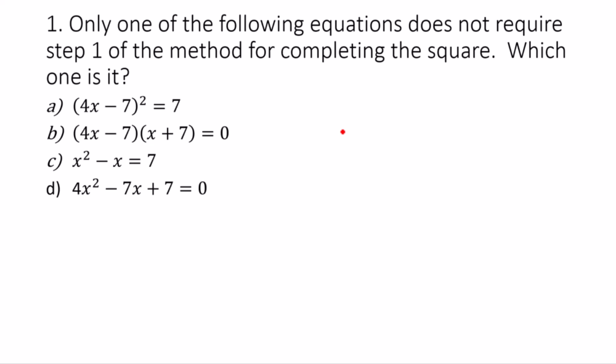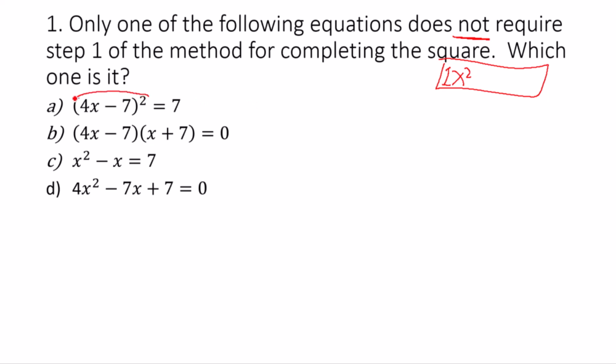It says only one of the following equations does not, remember it's not, require step 1 of the method for completing the square. Well, step 1 is you have to make sure that your equation starts with 1x squared. Keeping that in mind, which one of these is it?